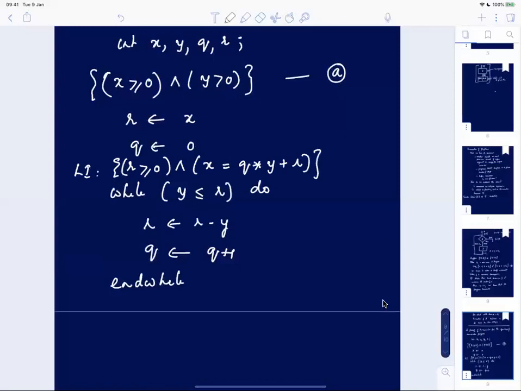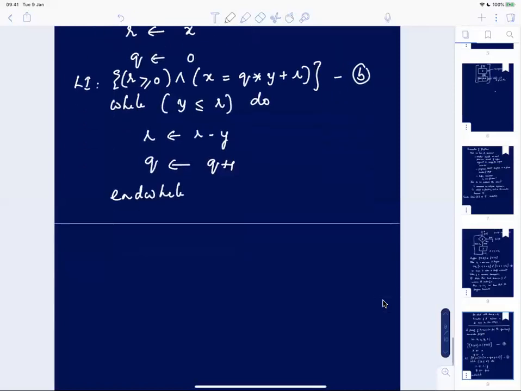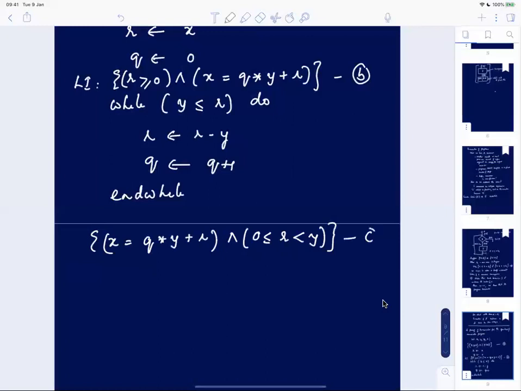Let me call this point B. After the program is executed, we still have x equal to q star y plus r, and we have 0 less than or equal to r, strictly less than y, satisfied, because every time we subtract y. Let me call this point C.